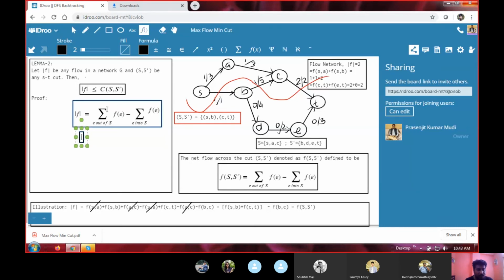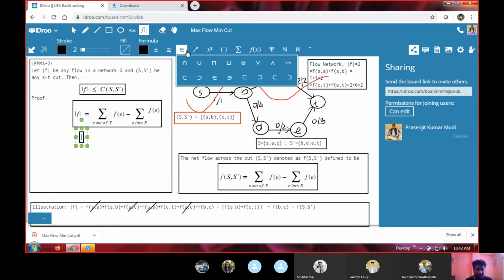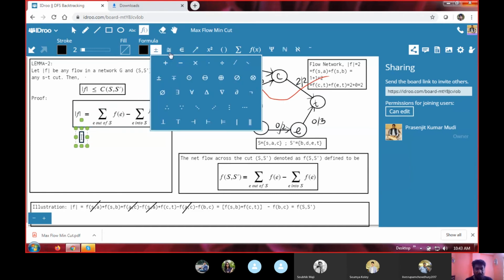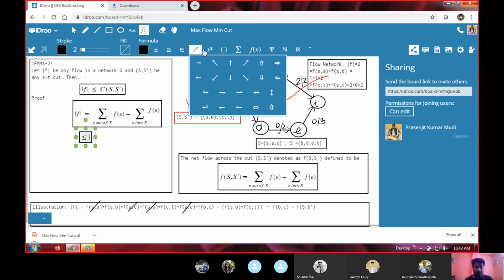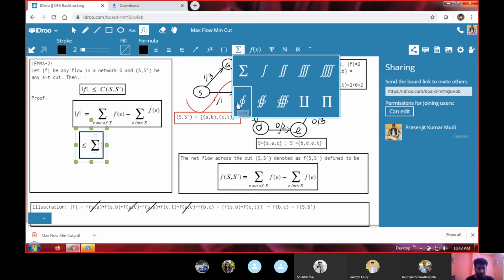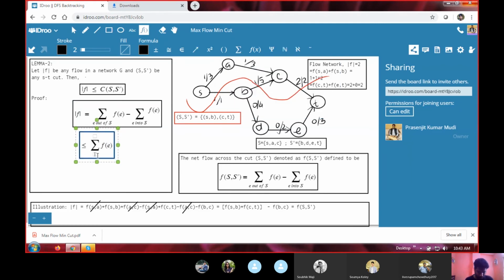So obviously this overall expression is less than or equal to the first quantity, right? So we can write less than or equal to the summation of f of e for all e out of S.